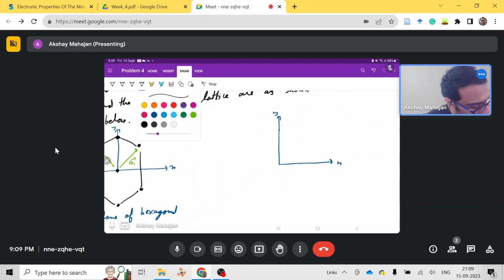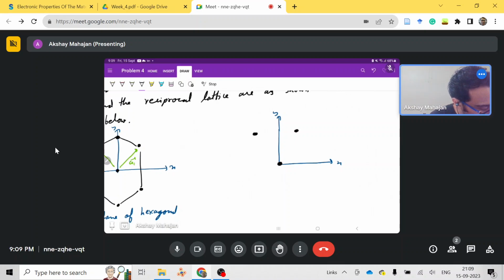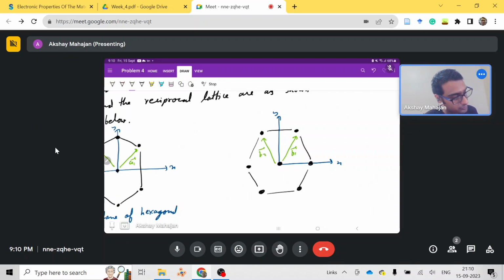Alright, and then if we form the reciprocal lattice vector using the b vectors and we start with this point, similar to this we will have some points here, but you can check that this will be a little rotated. Now we will again have a hexagon, but this hexagon will be a little rotated. I'm just drawing a very rough diagram right now. I'm just joining them here. So this will also be a hexagon but a little rotated, and this will be your b1 vector, and this will be given by your b2 vector.